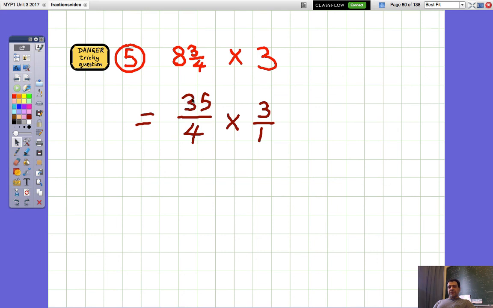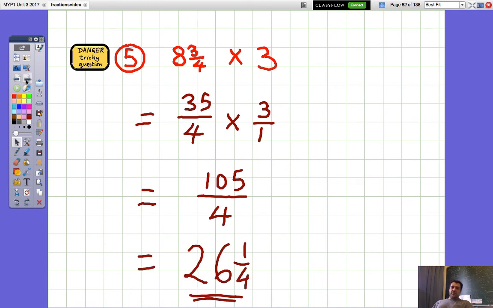So that's the same as 35 over 4. So we've got 35 over 4 times 3 over 1. Then it just looks like any of the other questions we've done. Top times top, bottom times bottom. 4 goes into 105, 26 times with 1 left over, so it's 26 1/4.